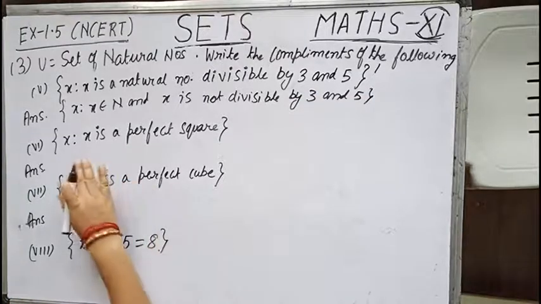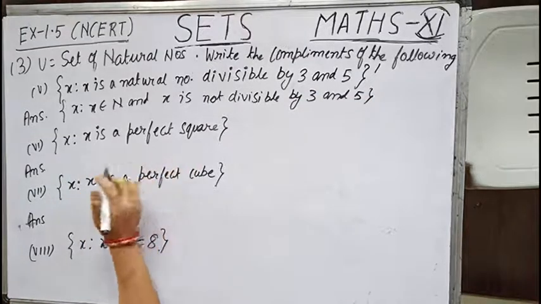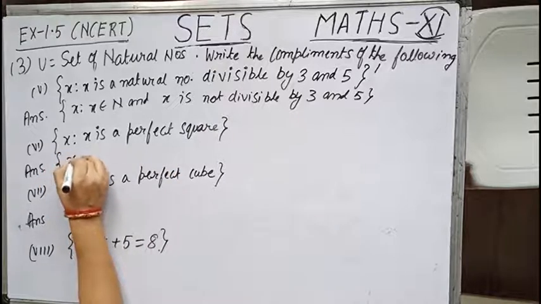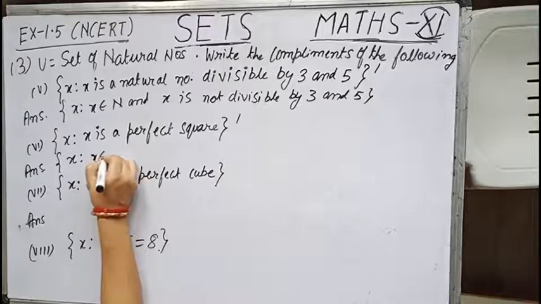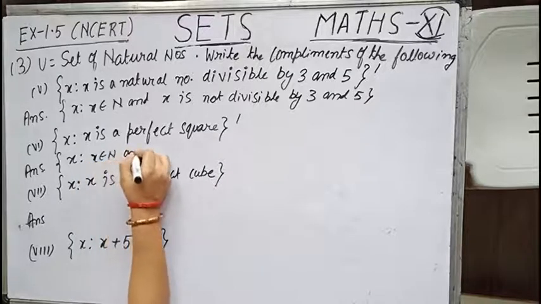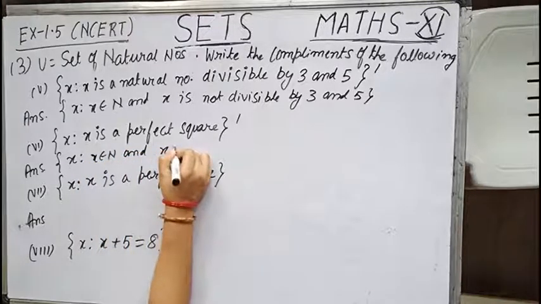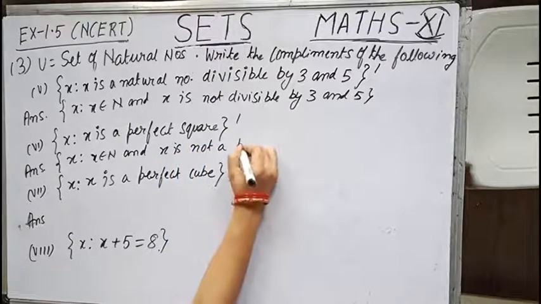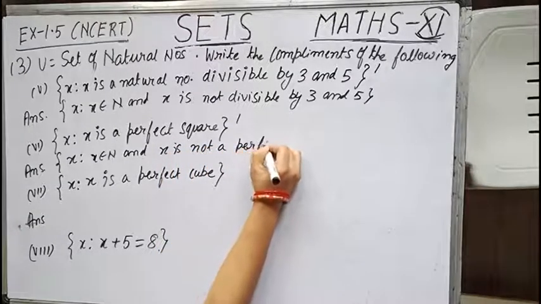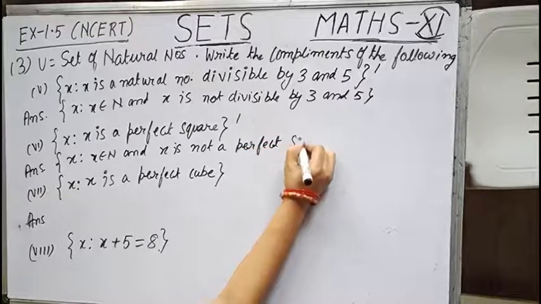Number 6 is x such that x is a perfect square. So over here, the complement of this is x such that x belongs to capital N and x is not a perfect square.